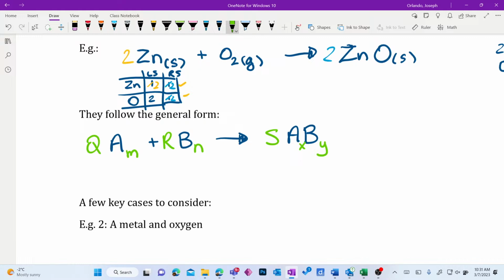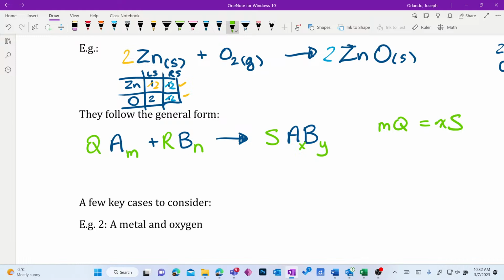How many A atoms do I have? Well, on the left side, I have MQ A atoms, and over here, I have XS A atoms. Those have to be equal.